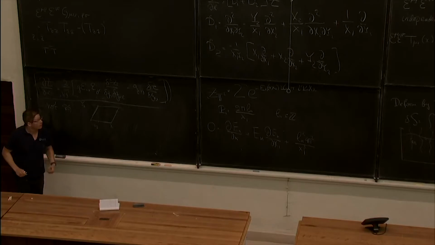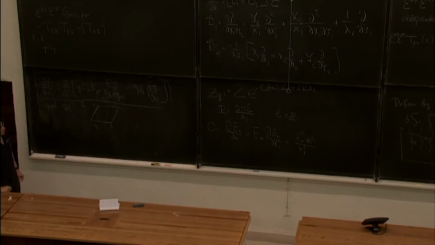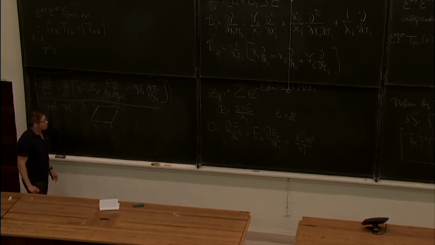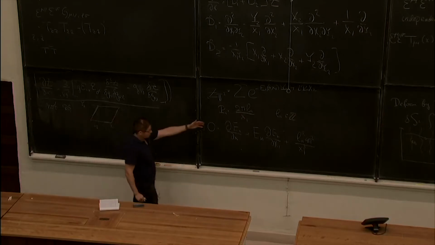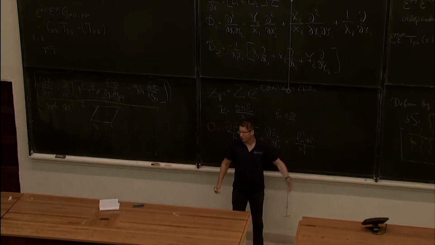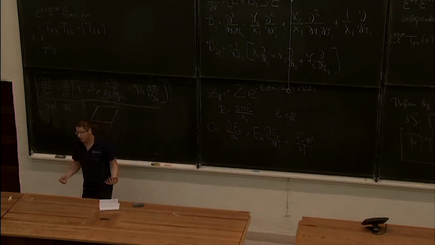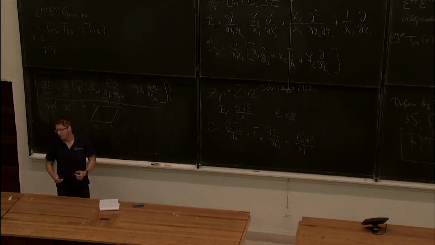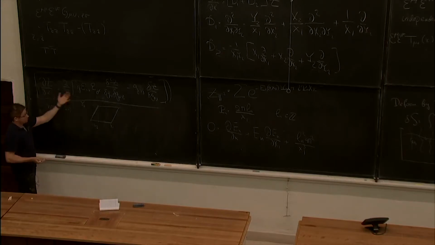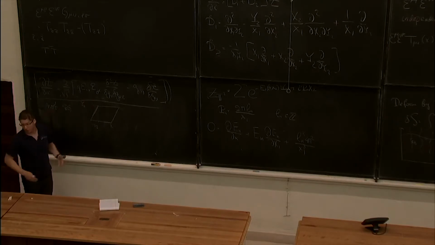Yes? Is this equation the same that you get in flat space? Yeah. Like in cylinder? This is an equation for the energy levels. So if you're on an infinite cylinder, you can study what happens on an infinite cylinder in some energy eigenstate, or you can just study it in the vacuum. This is an equation for the energy levels on the cylinder, and we've obtained that by putting the theory on a circle in a thermal state, and then applying this differential operator.